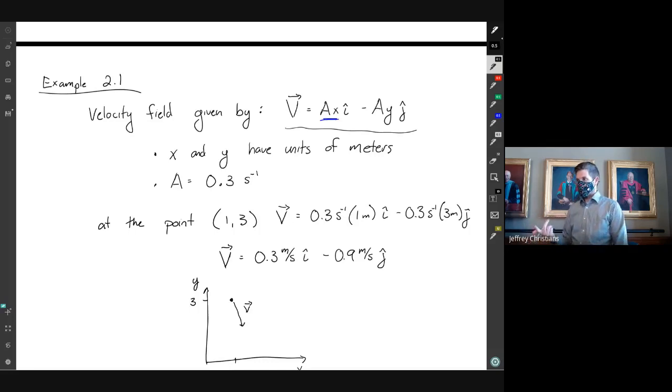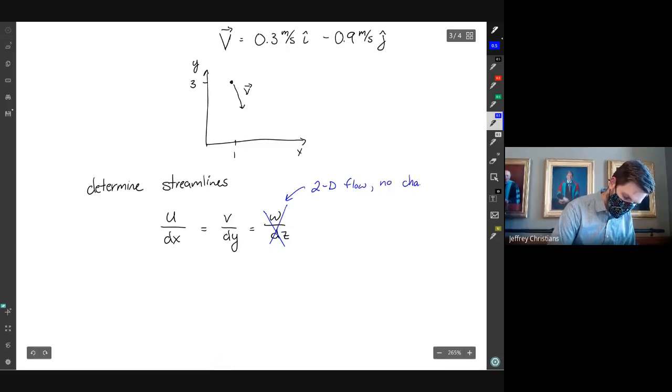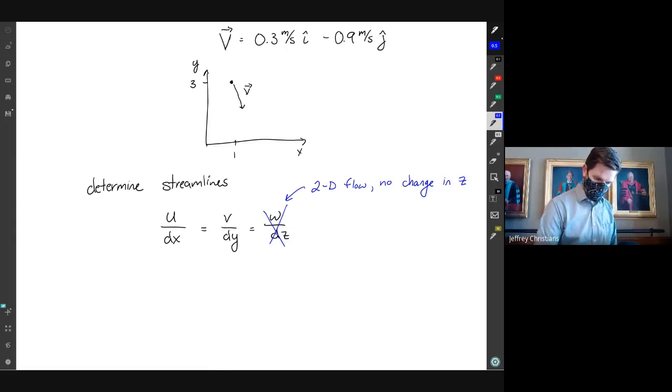It's not changing in Z. So we can cross this out, I'll use blue, because we have a 2D flow, no change in Z. Okay, so we don't have to worry about Z. We just have to worry about X and Y. So the equation that we're trying to solve is this one: u over dx equals v over dy.